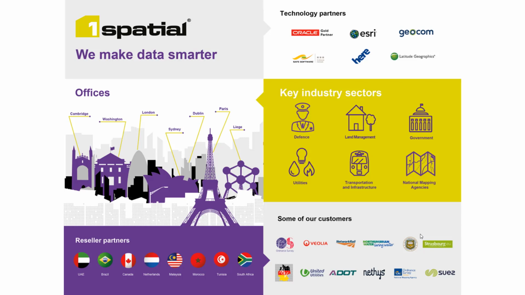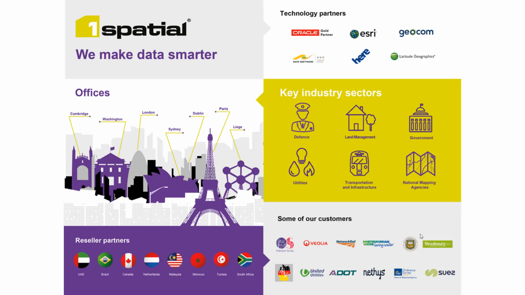So just a few of the customers are listed down at the bottom corner, but importantly what we're going to focus on is one of our technology partners. You can see up in the top right hand corner we work with a number of different organisations, but we specialise in a small handful. We have dedicated teams that work on being specialists in these technology stacks.